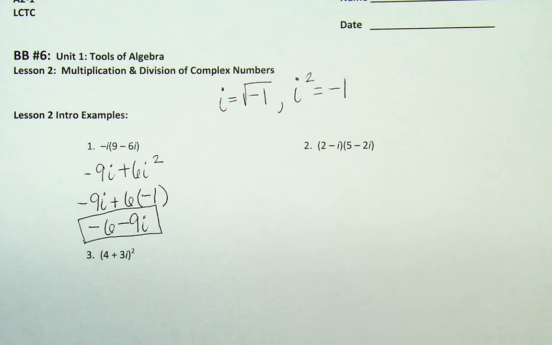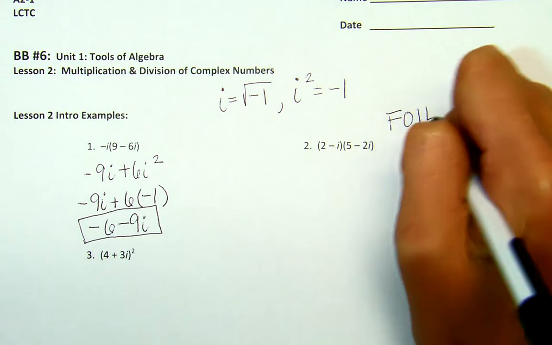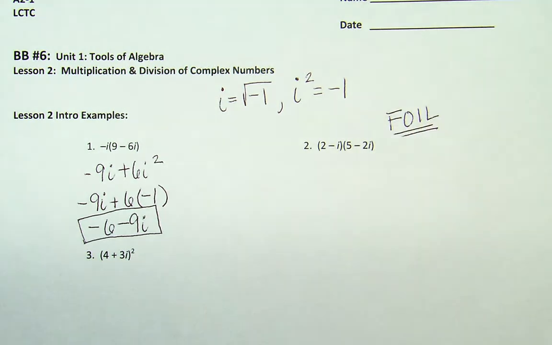In number 2, we have two complex numbers being multiplied. We have 2 minus i times the quantity 5 minus 2i. It's going to be treated very similar to if we had variables here and we FOILed. So in this case, we're going to FOIL. F means first, O means outer, I means inner, L means last.